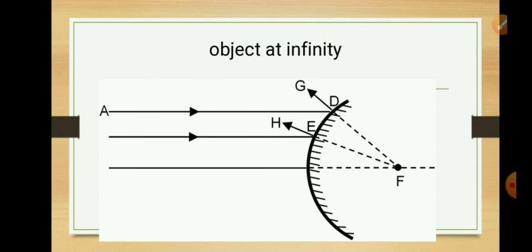This one is when the object is placed at infinity; in this case also we obtain the image behind the mirror and at the focus. So remember, the image of an object kept anywhere in front of a convex mirror is always formed between pole and principal focus behind the mirror, and the image formed by a convex mirror is virtual, erect and diminished.